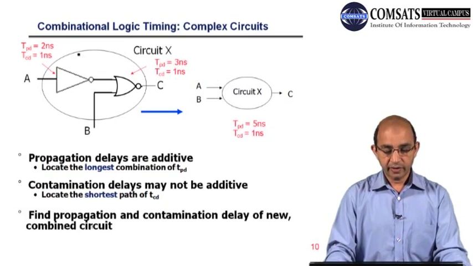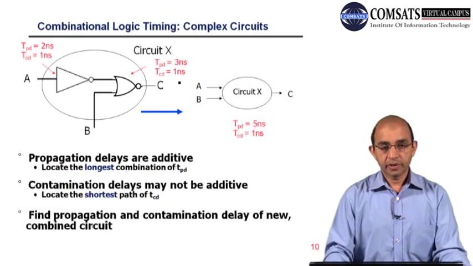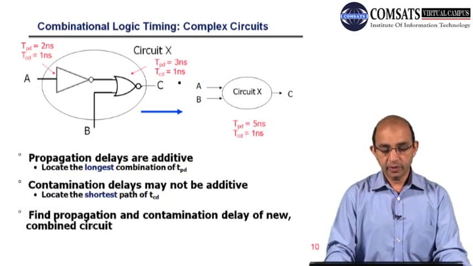If I draw a box representing this circuitry, I name it circuit X with two inputs and one output. I have to calculate the total propagation delay and total contamination delay.